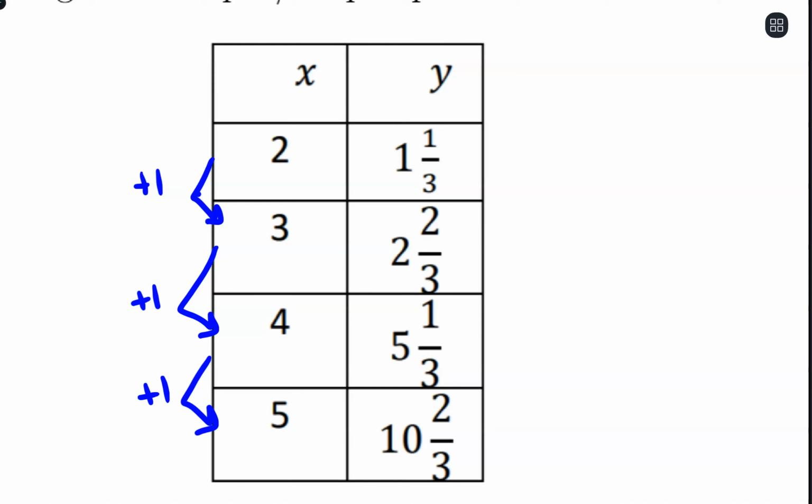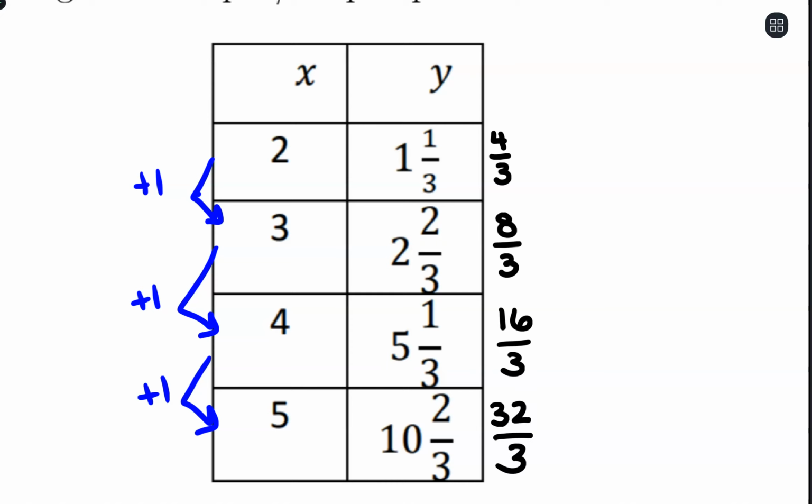So 1 1/3 is the same thing as 4/3. 2 2/3 would be the same thing as 6 + 2 over 3, so 8/3. And then 5 1/3, 15 + 1 over 3, so 16/3. 10 2/3, 30 plus 2, so 32 thirds.